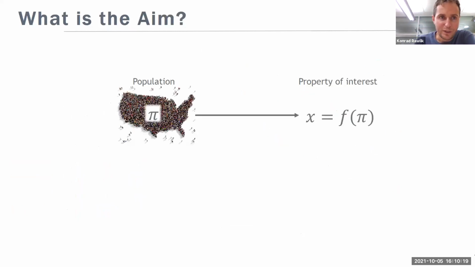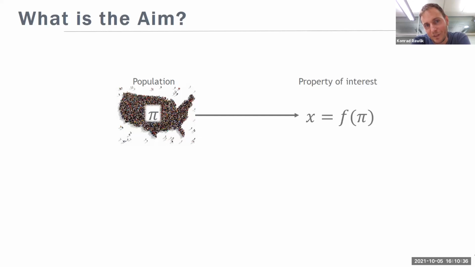So what is it that we're actually trying to do? I've gotten quite far so far without actually saying what I'm trying to estimate, or what the overall goal of this whole process is.